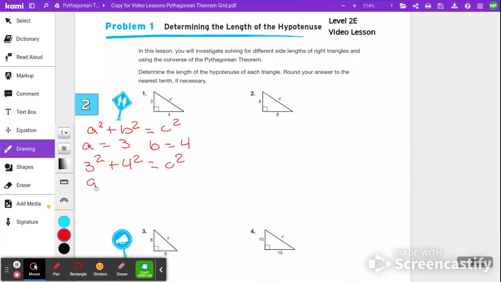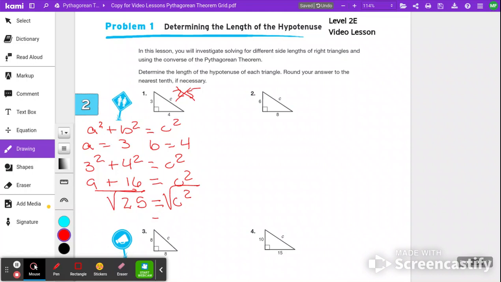Three squared is 9. 4 squared is 16. The sum of those is 25. So 25 equals c squared. That does not mean that this is 25. That would be incorrect. Now we have to find the square root of 25 and the square root of c squared.